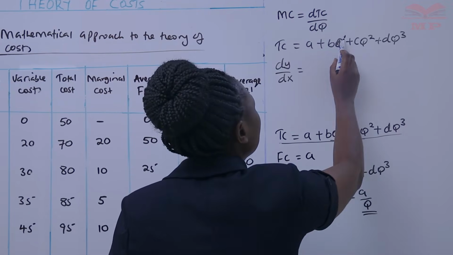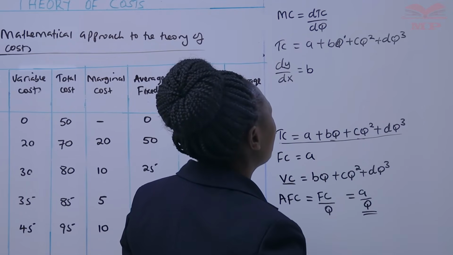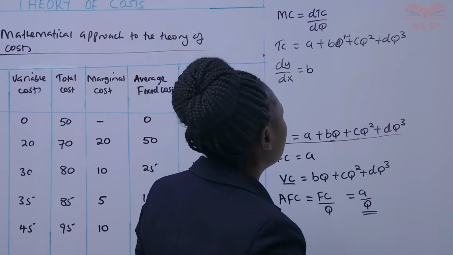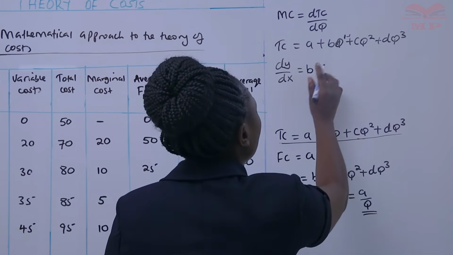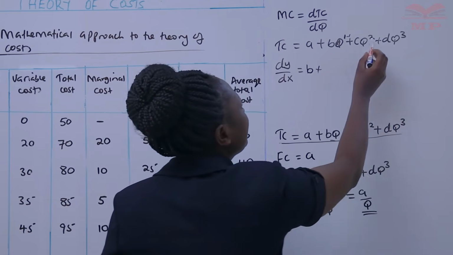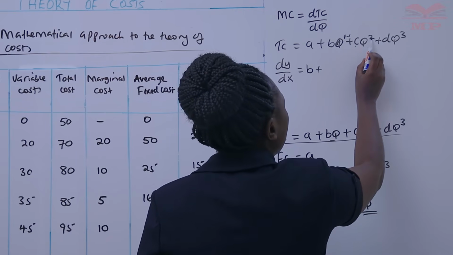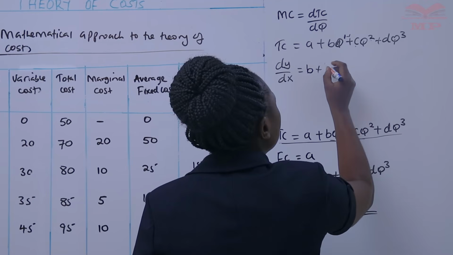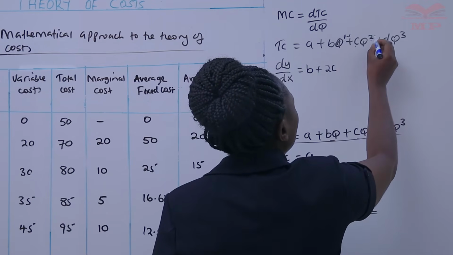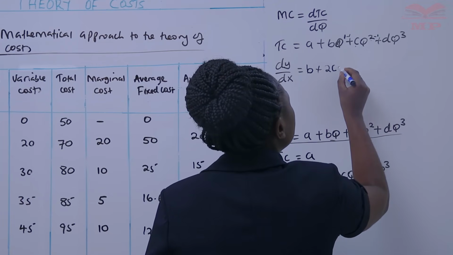So we take 1 times B, so we'll have B. We reduce the power by 1, and then Q will disappear. So we'll have B plus, then CQ. We take the power and multiply by the constant, so we'll have 2 multiplied by C, which will give us 2C. And then we reduce the power by 1, which will now be 2CQ.